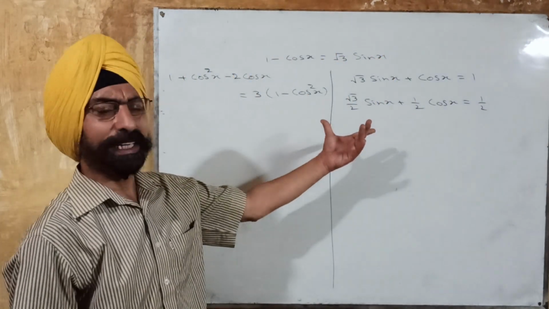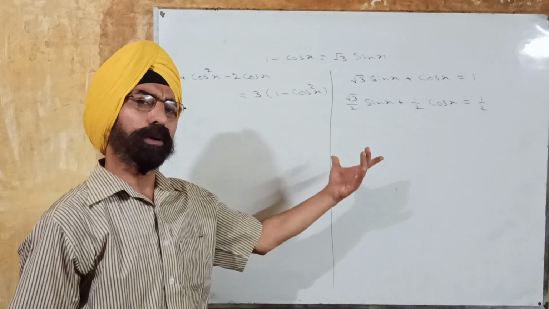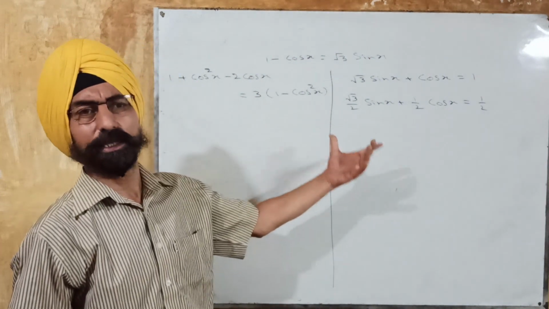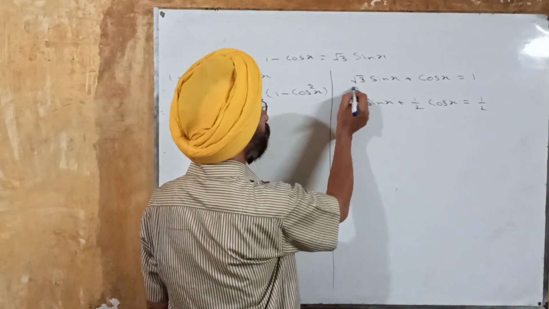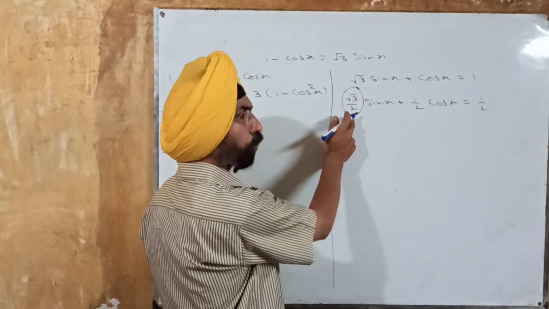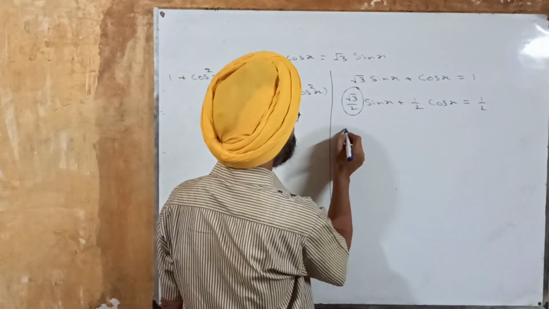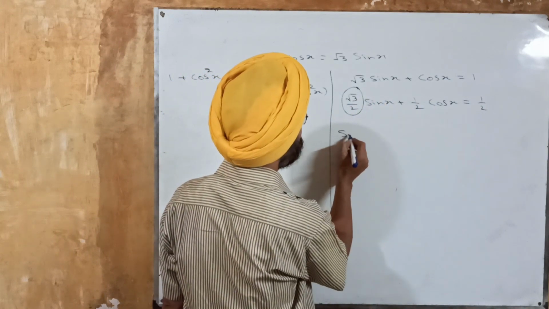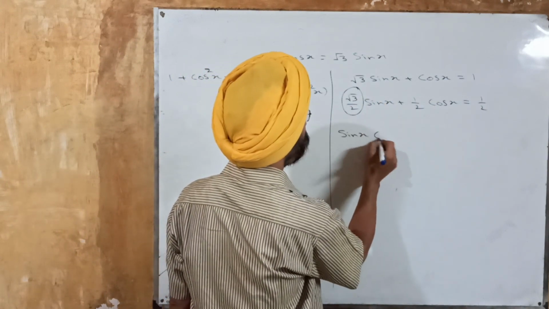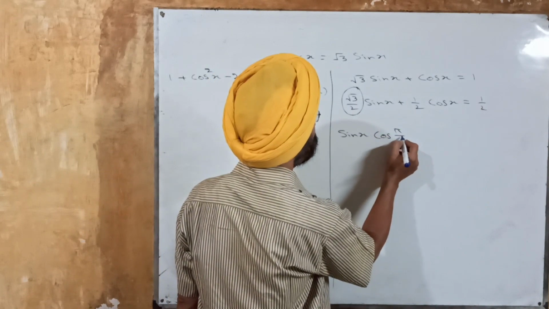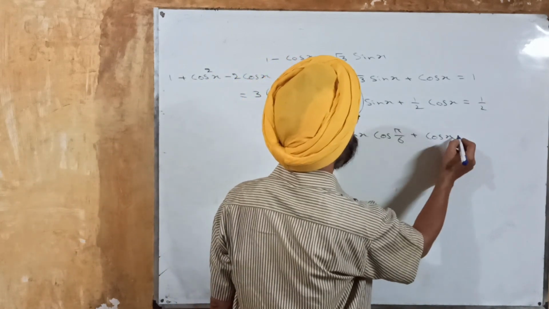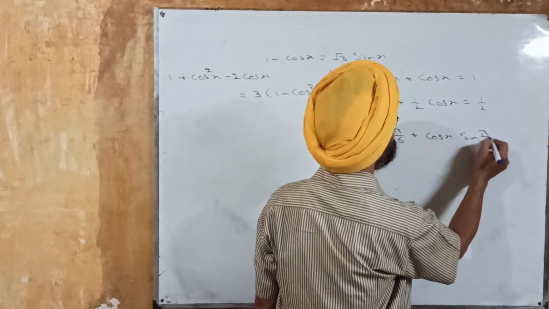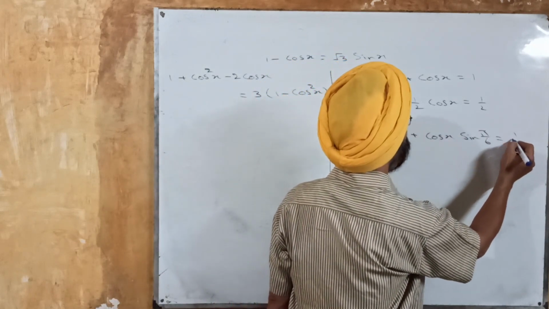Now you can rewrite this equation either in the form of sin a plus b or sin a minus b or cos a plus b or cos a minus b. Several ways are there. So what I am doing, I am writing this root 3 by 2 as cos pi by 6 with this sin x first, plus this is cos x, and this 1 by 2 is sin pi by 6, is equal to 1 by 2.